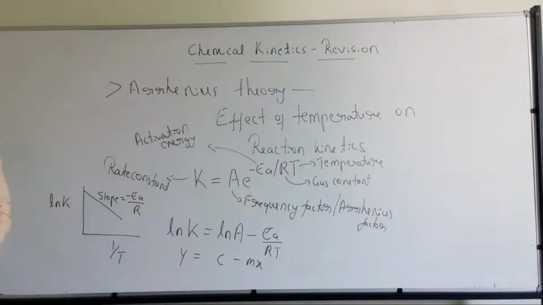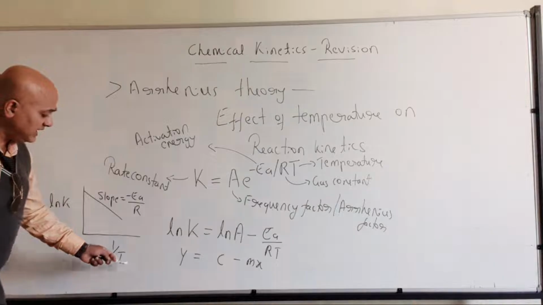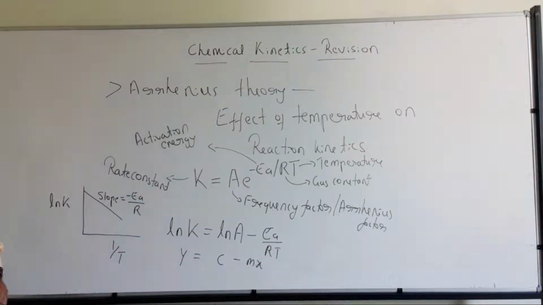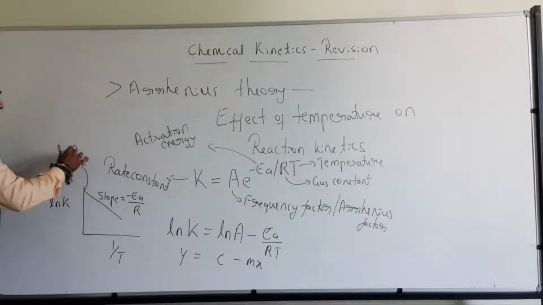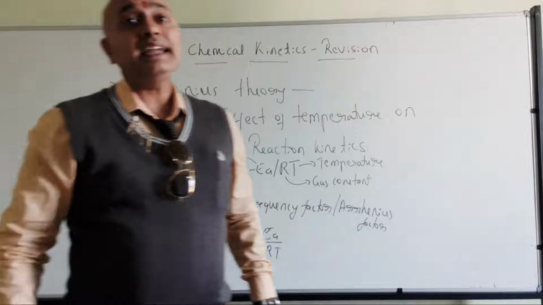Slope is equal to minus Ea by R, because 1 by T will be taken as the x-axis. What is the intercept on the y-axis? That is nothing but c, so the value will be ln A.